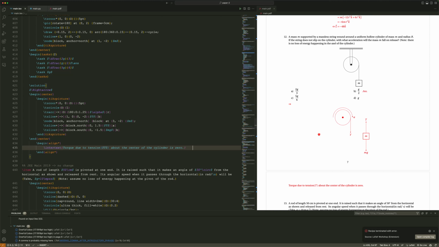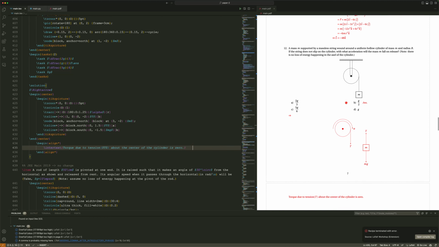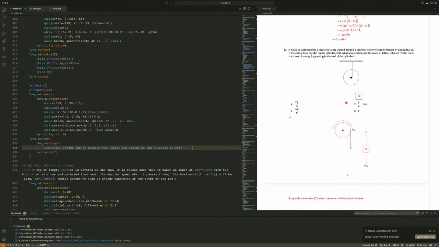Also, for right now, we can just write the equation for the torque and the acceleration for the mass as well as the pulley. It's in the shape of a pulley, but it is a hollow cylinder.